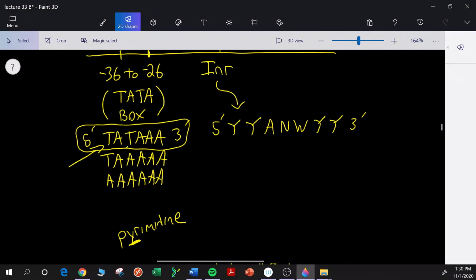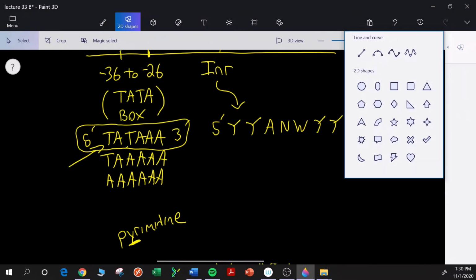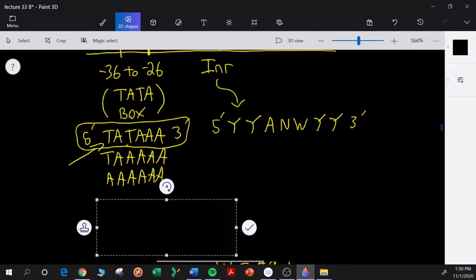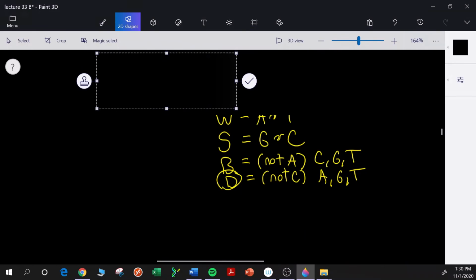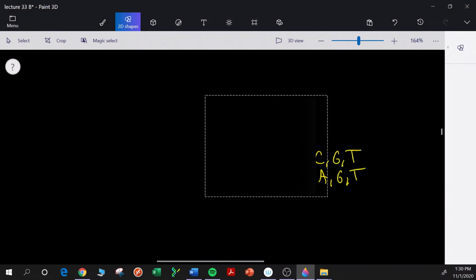Okay, can erase that. Can erase this. Nope, didn't work. Sorry, still getting used to this new setup here. Okay, done. 2D shape. Done. Okay, so I erased all that.